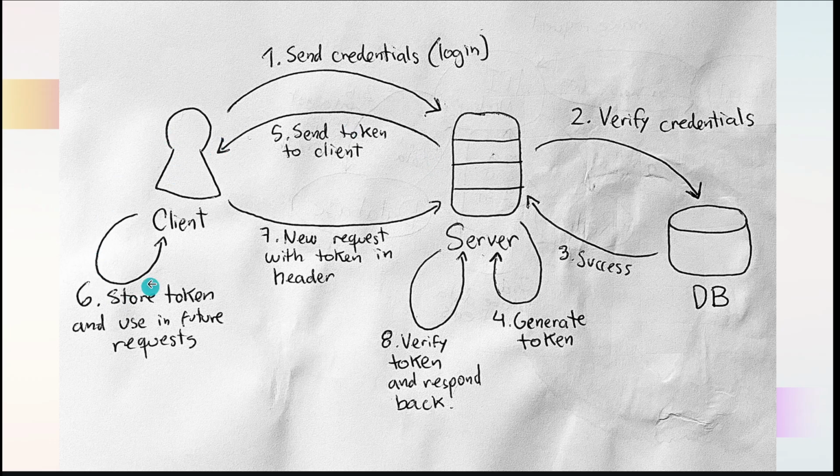The client can store the data in local storage. For Flutter we have shared preferences or Flutter secure storage, and for a website we can use cookies to store that. Now after the client has the token, for the next request it can send that token in the header, and the server will verify that and respond back. In this way the token is generated and sent to the client, and after that the client uses it in the next API.